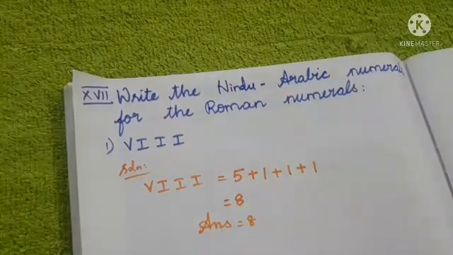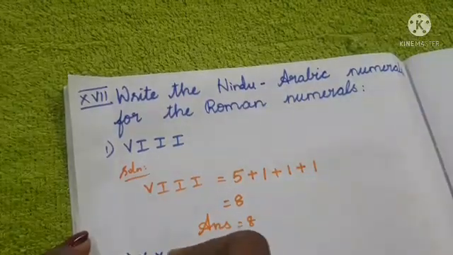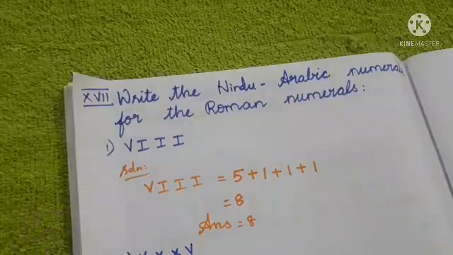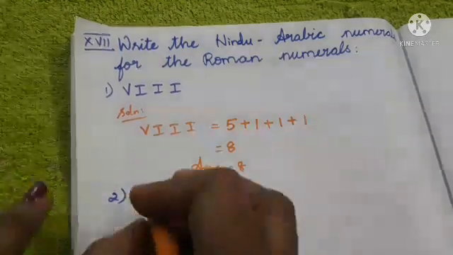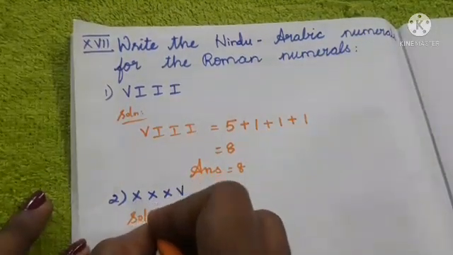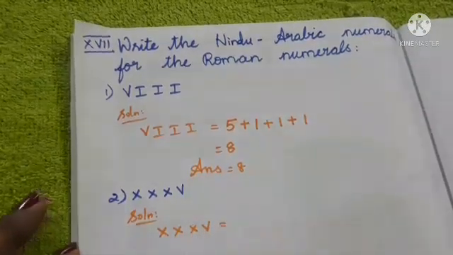So next problem we have, second one, X, X, X, then V. As usual we can write the question, XXXV is equal to.